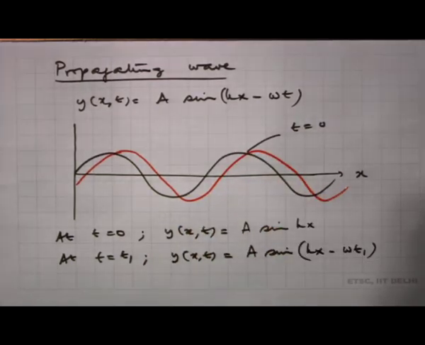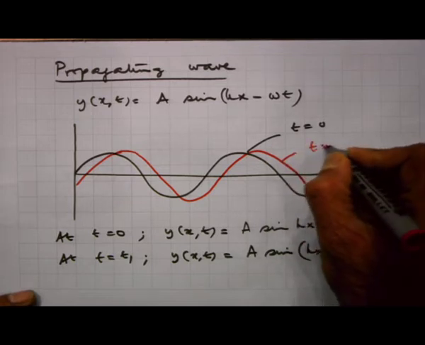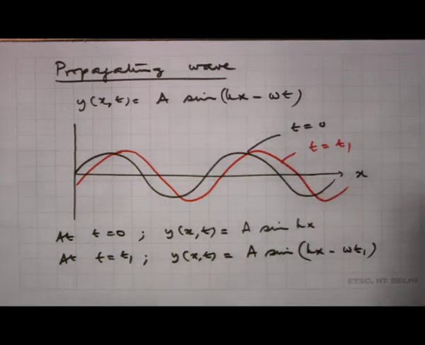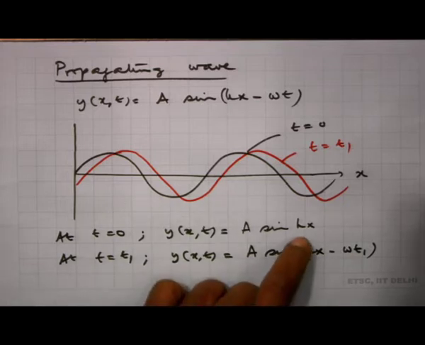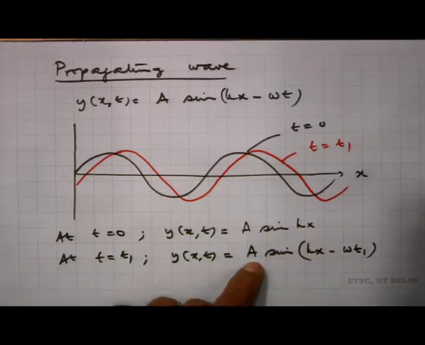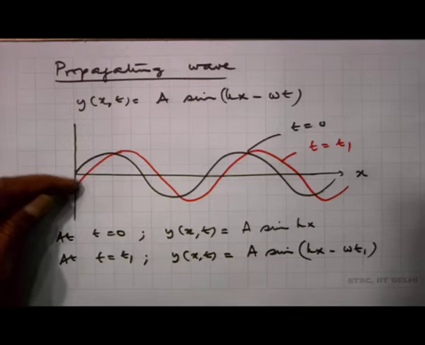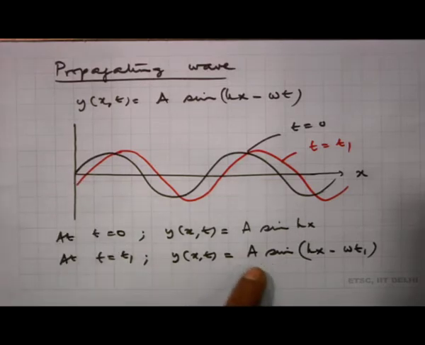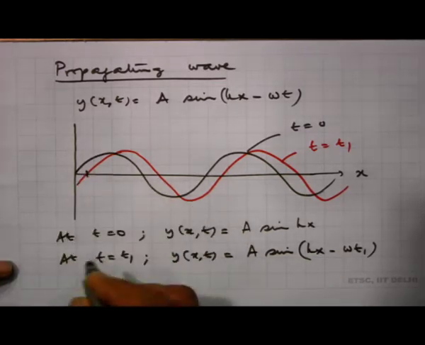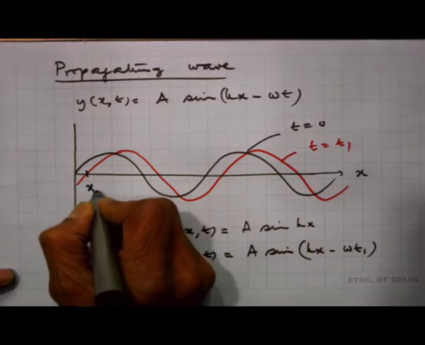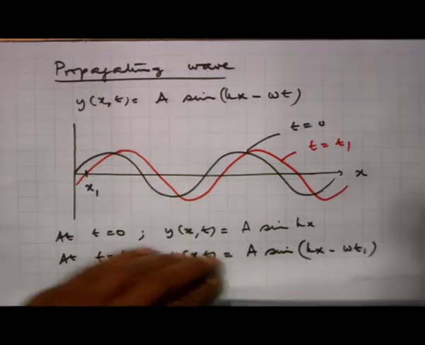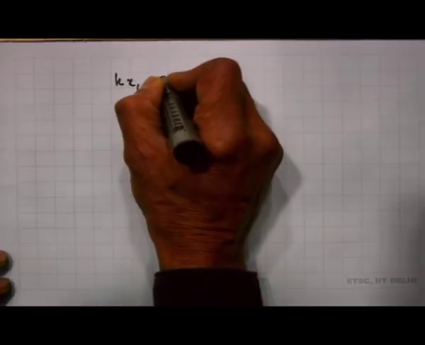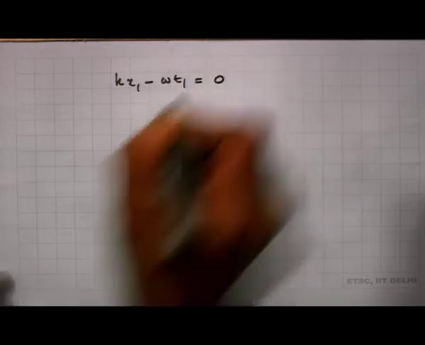So, this is at t equal to t1. Please note that at x equal to 0, it is now minus A sin omega t1, a negative displacement, and the function becomes 0 here. This point has moved to this point. Suppose I call this point x1. Then x1 is such that k x1 minus omega t1 is equal to 0.